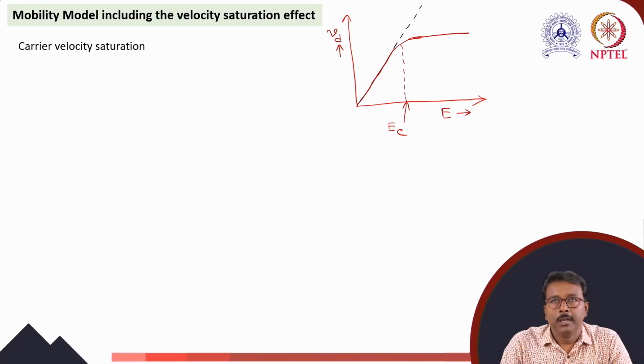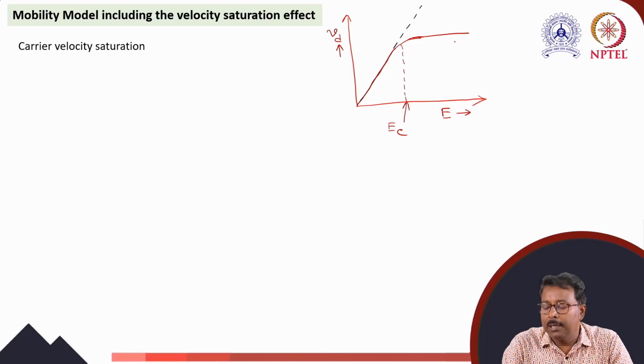How can we model this effect? Because if you see the equations we have discussed in last class, say basic model or some advanced model, in that case, if you plot the drift velocity as a function of electric field, it would be increasing at higher field also.